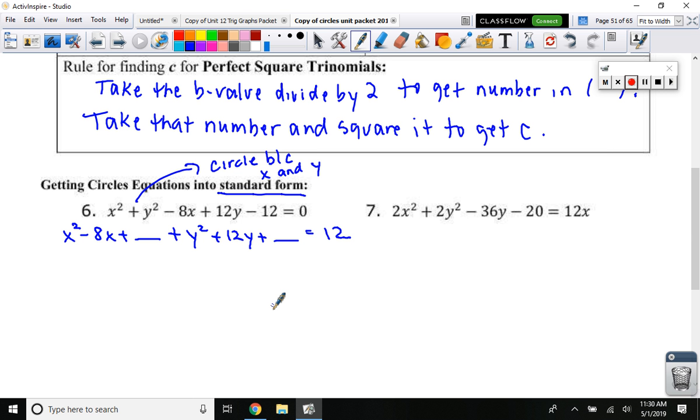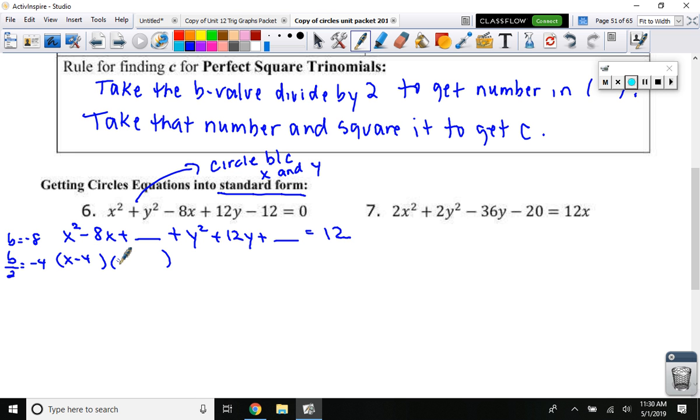Okay, so let's think. So why did we talk about this up here? Because my goal is to end up with two parentheses that are exactly the same, right? What would it have to be in the parentheses? Oh, minus 4, right? You're going to take your b value, which is negative 8, you're going to divide it by 2, and you're going to get negative 4, right?